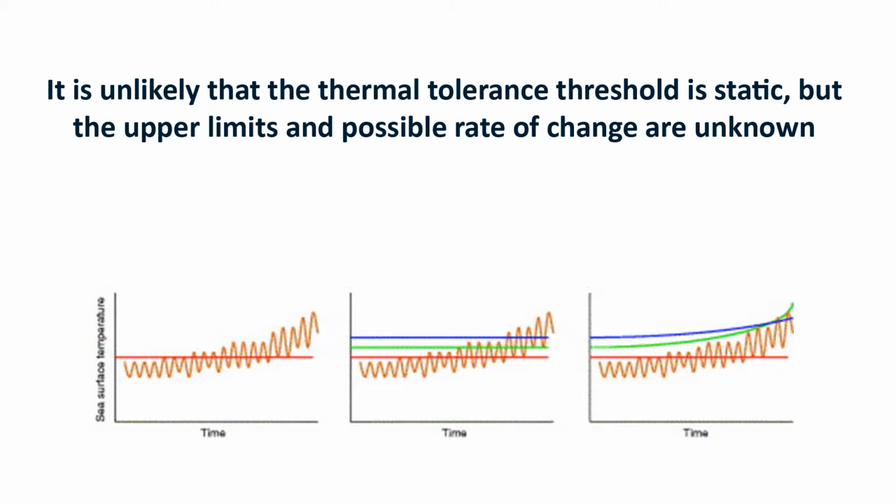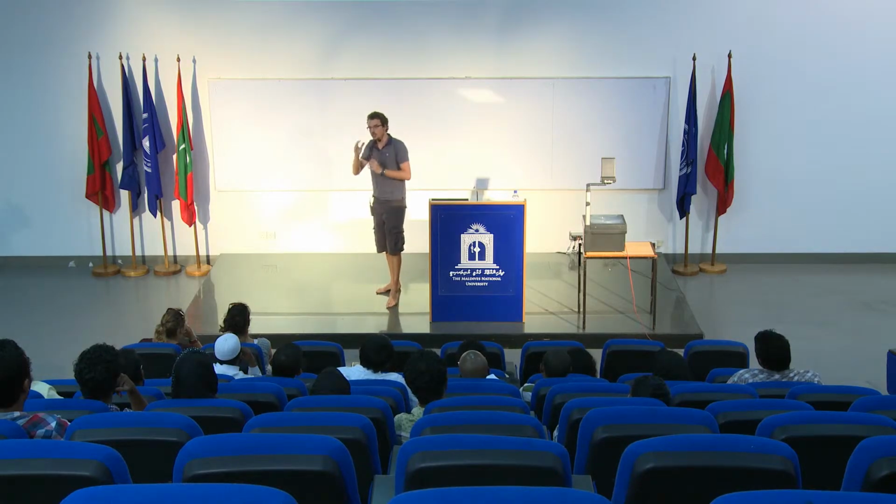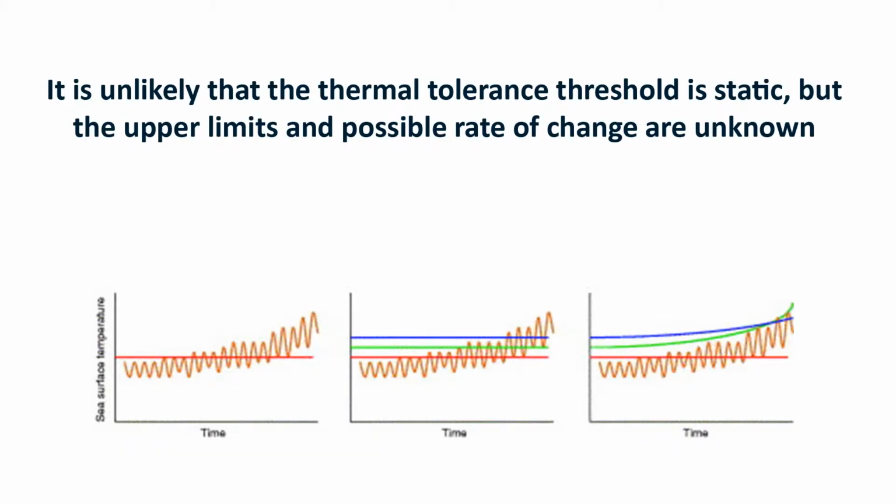Obviously we get temperature increases on a seasonal scale anyway. Not so much in the Maldives, which is quite interesting, but in a lot of other countries we have quite huge variation in different seasons, by as much as 4 to 5 degrees in certain cases. Here I think it ranges by about 2 degrees, from about 30 to 32-ish, depending on the atoll.